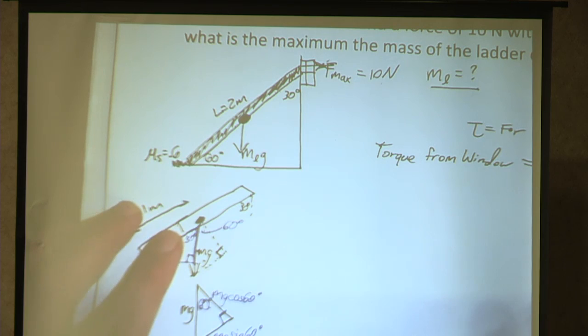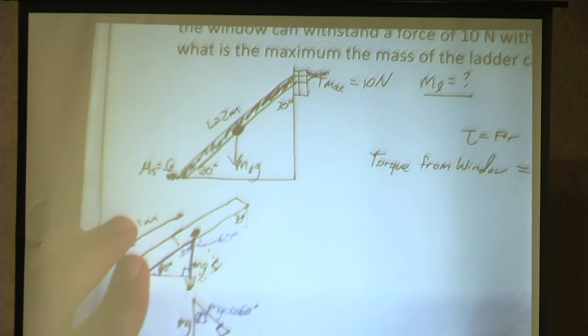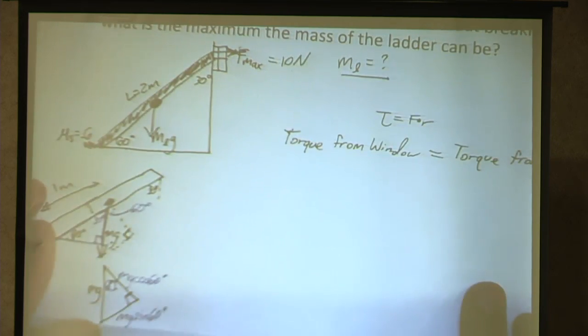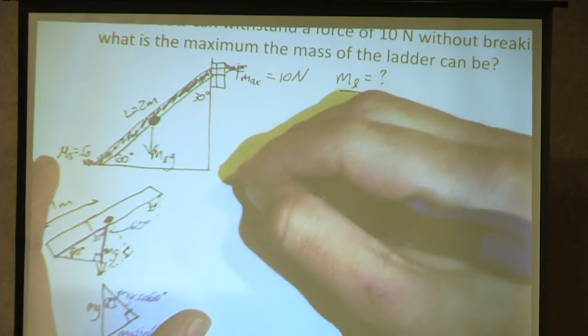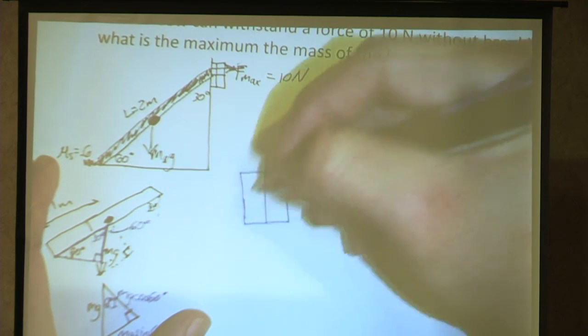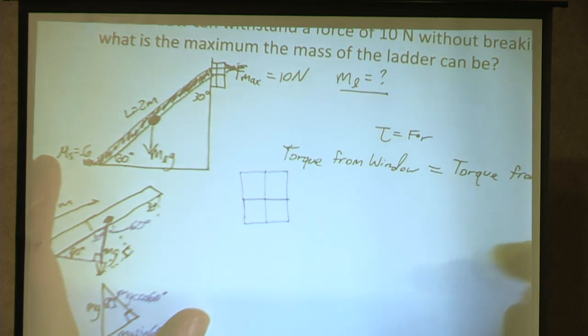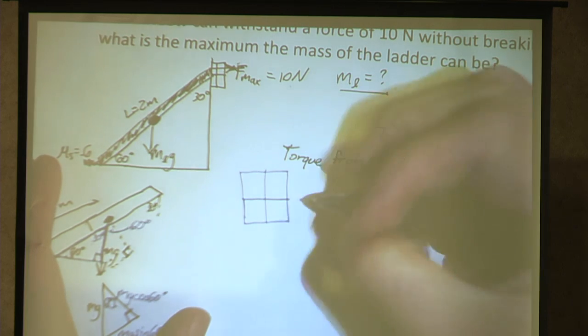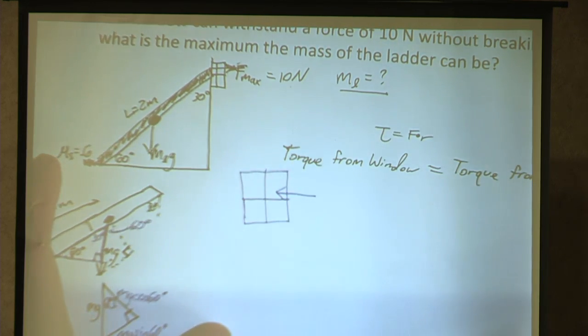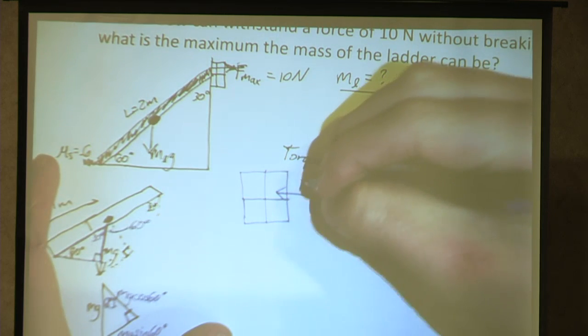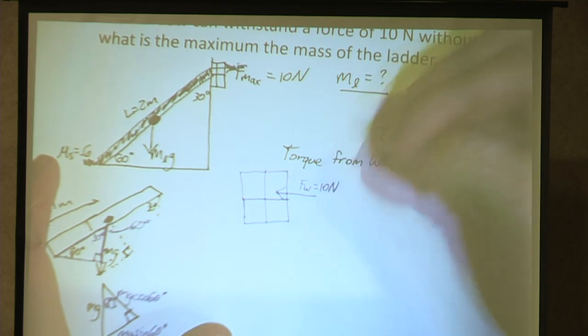All right. So at this point, I'm going to redraw the window, because that's where the action's happening, right? So this is our window. What's happening at the window? The maximum force that it can withstand, so I'm going to pretend that it's pushing from this way, that the window's pushing back. That Fw is 10 newtons.